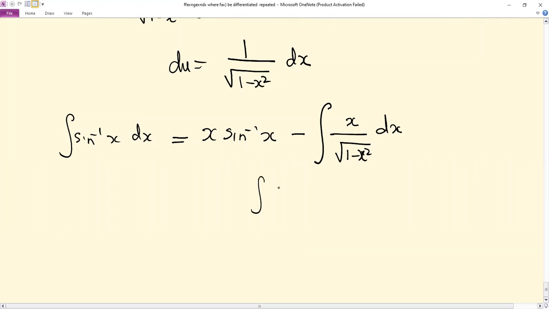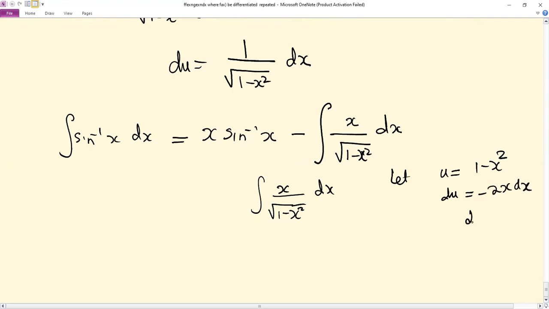So to integrate x over square root of 1 minus x squared dx, just let u be 1 minus x squared. Which means du is minus 2x dx, which means dx is minus du over 2x.